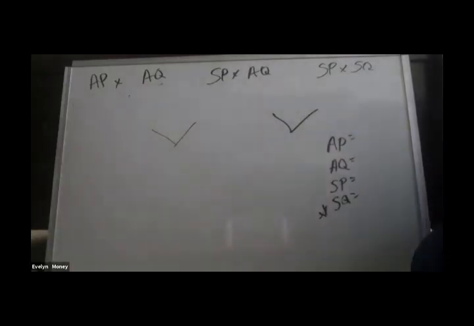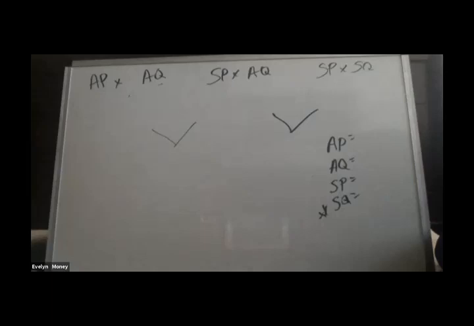I think in this one, they are nice enough to give it to me, but not explicitly. Now, it looks like variable overhead is based on labor hours. So my actual hours here for factory overhead are the same as my labor hours.